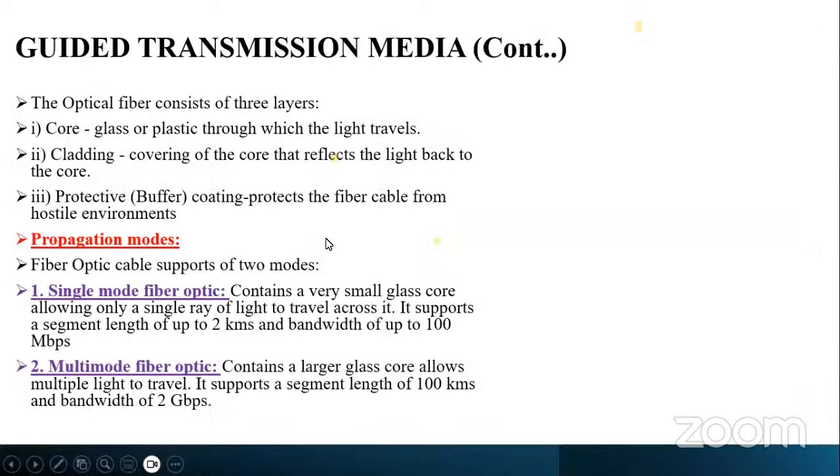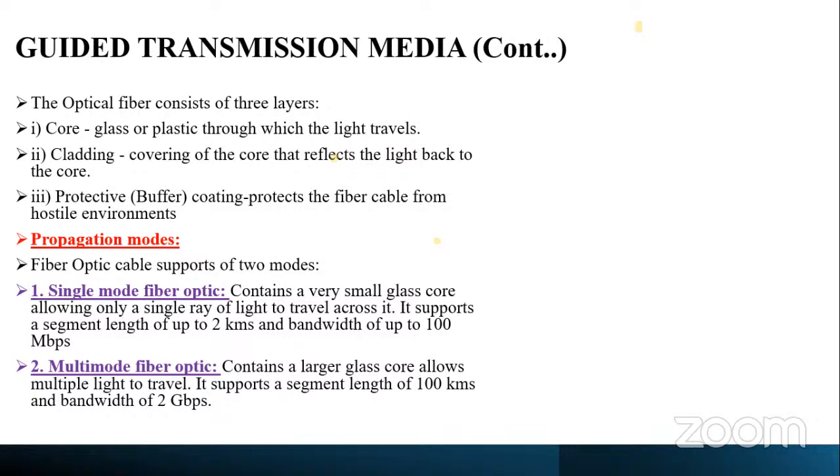And the next one is propagation modes. The fiber optic cable supports two types of modes. Single mode fiber optic contains a very small glass core, allowing only a single ray of light to travel across it.